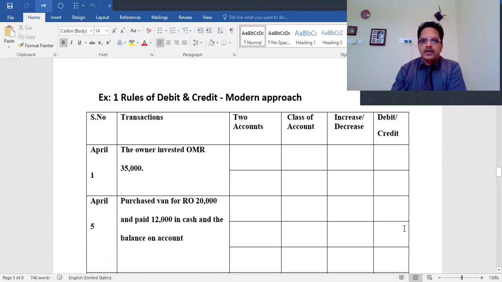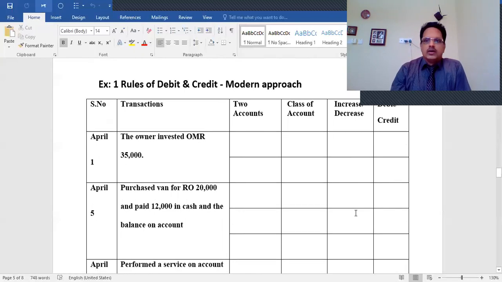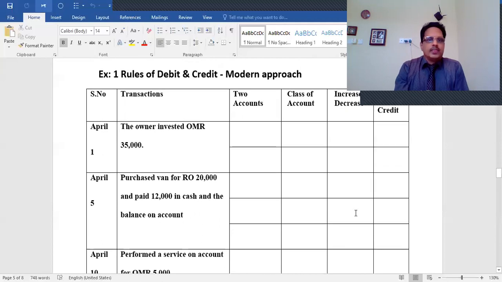Now we will apply only one approach, because the modern approach is better. But at the same time, keep in mind how to define debit and credit under the traditional approach also. So we'll continue the topic.